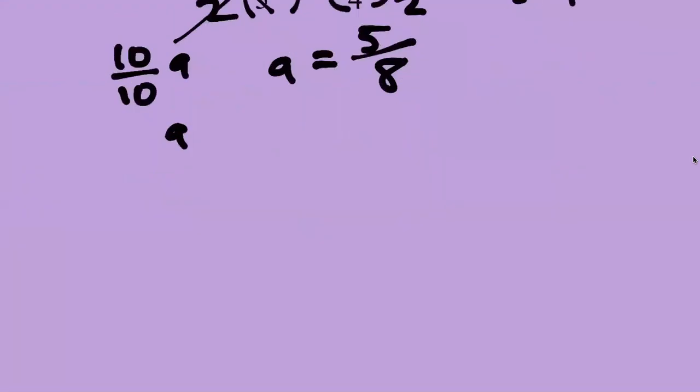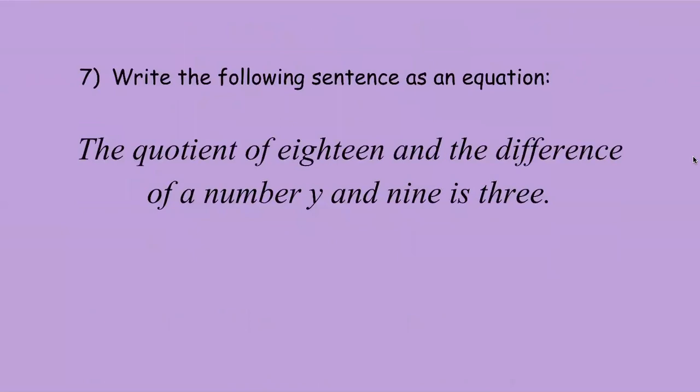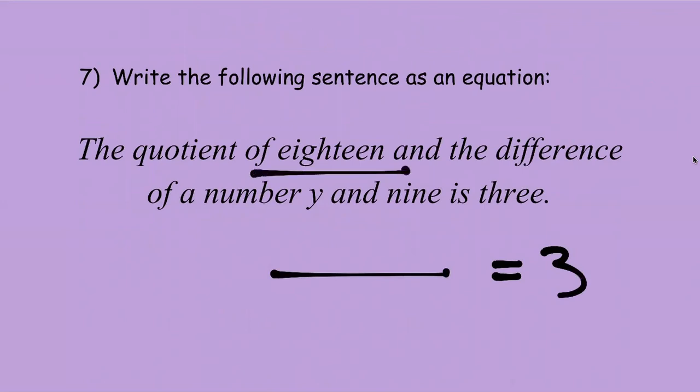All right, a couple more. Thanks for hanging in there. All right, write the following sentence as an equation. The quotient, all right, so I got some kind of division problem happening, of 18 and the difference of a number y and 9 is 3. So let's do the is 3. Quotient means we're going to have some kind of a division problem. And the quotient of 18, so there's my top number.